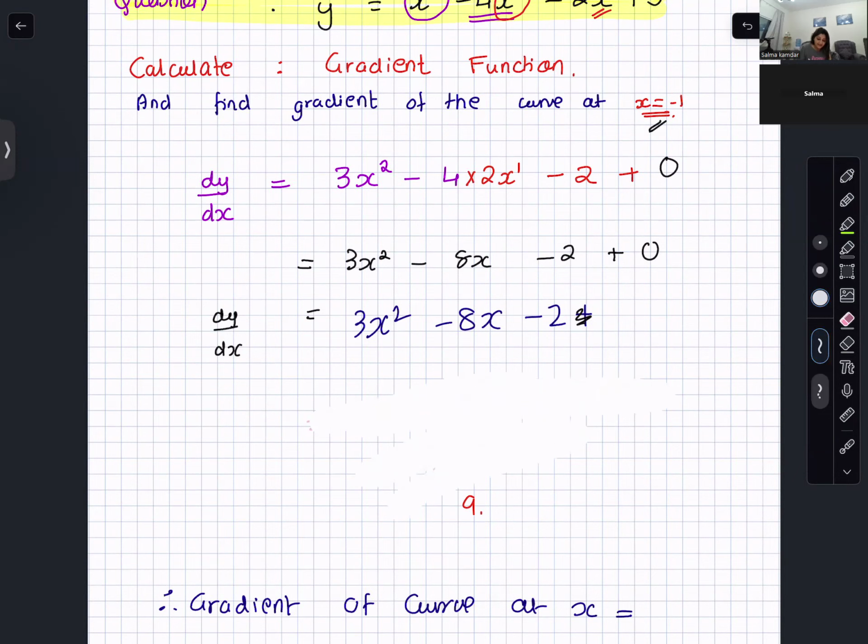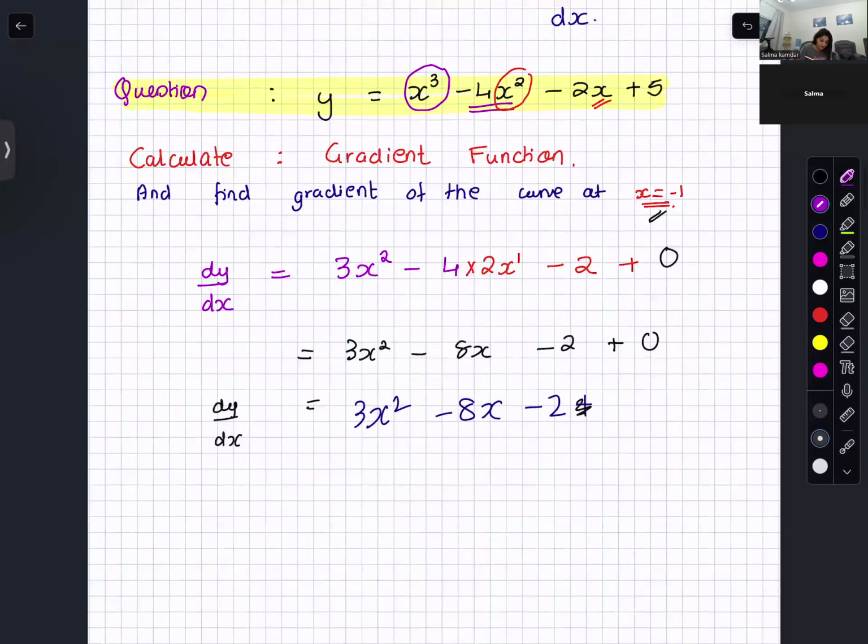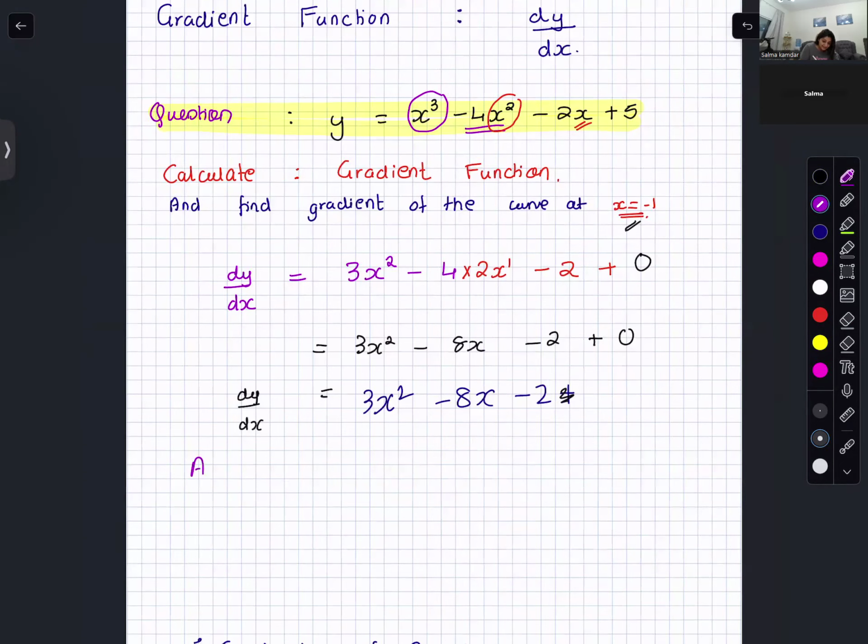Now I want to find the gradient of this function at the point x equals minus 1. You just have to substitute minus 1 in place of x: 3 times minus 1 squared, minus 8 times minus 1, plus 2.